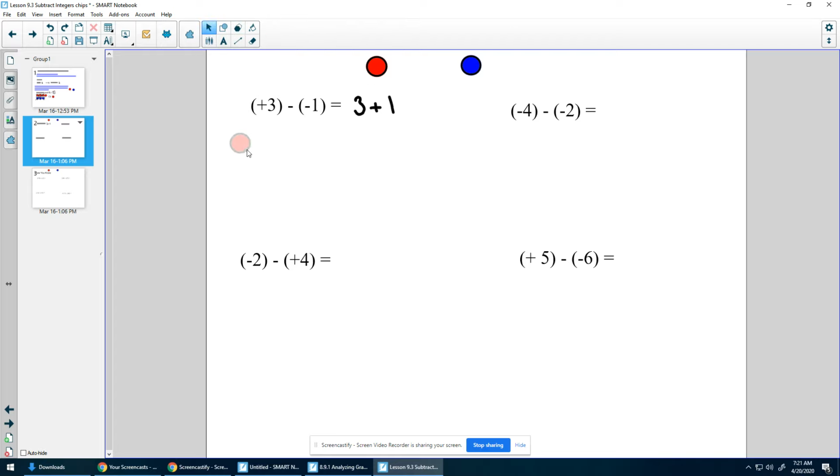Now, we're starting with positive 3, and we're adding 1. And that gives us 4.